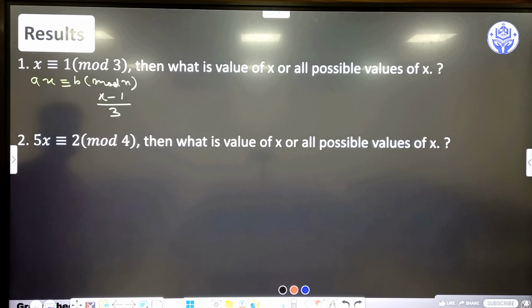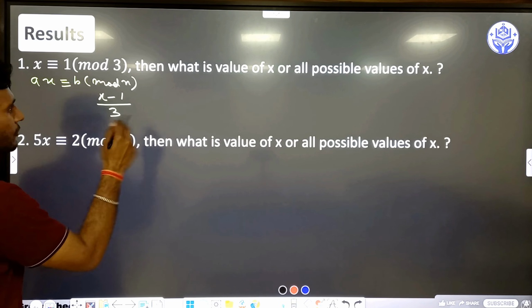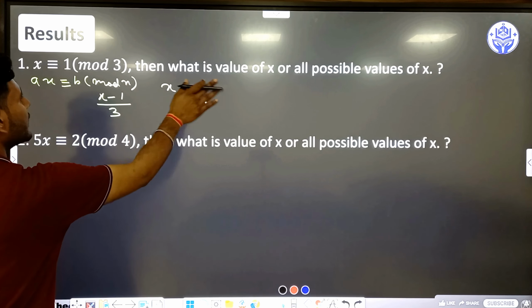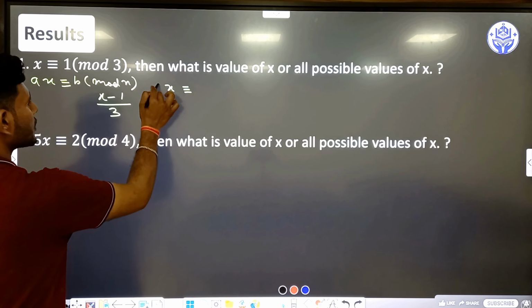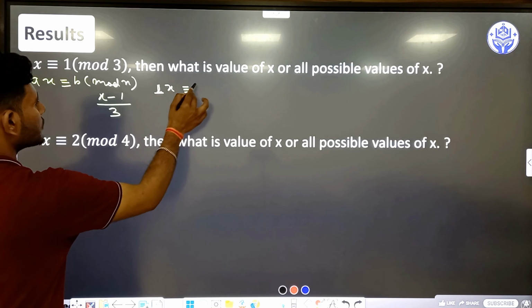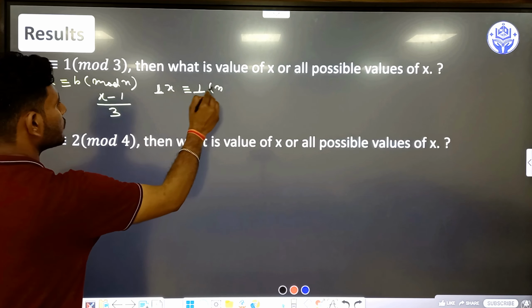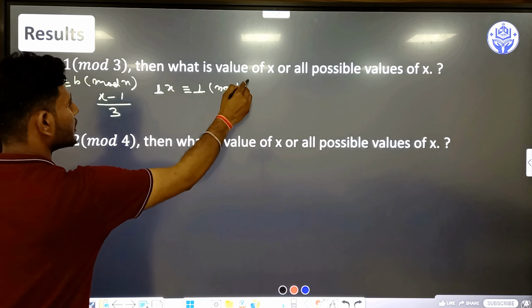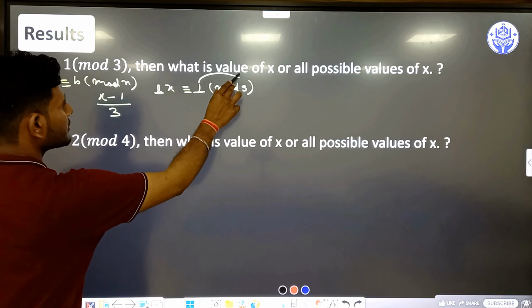So from here, if you have a congruence already in the form where the coefficient of x is only 1, so it is x equals 1 mod 3, then just take 1 plus 3 into k.